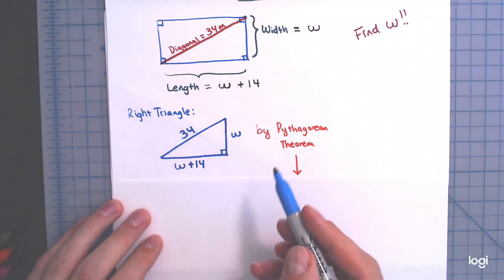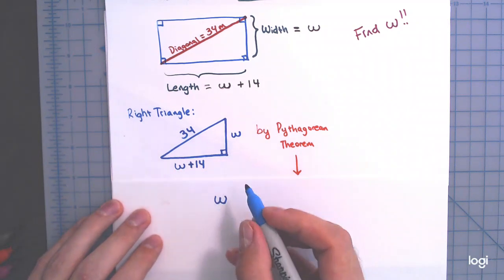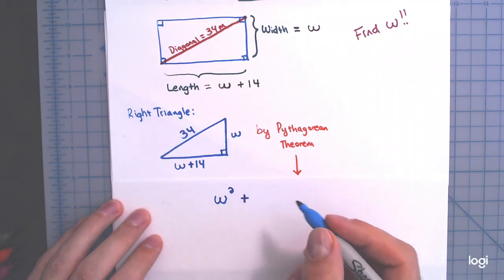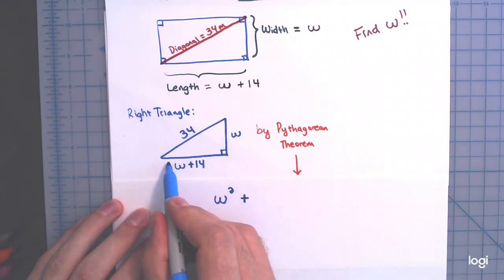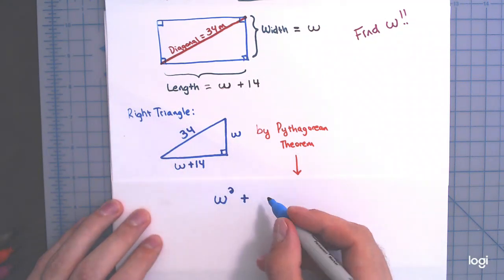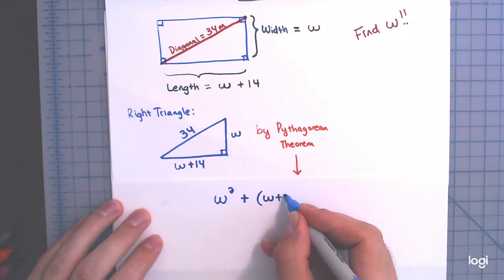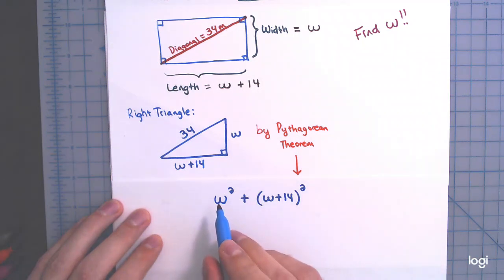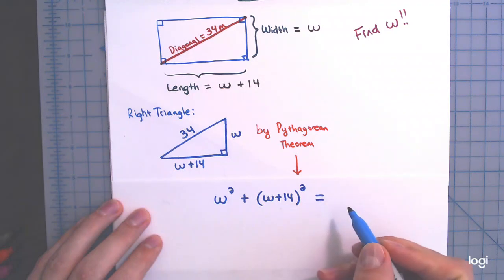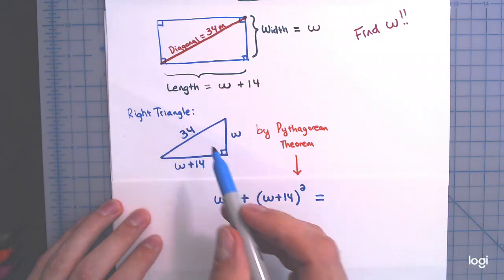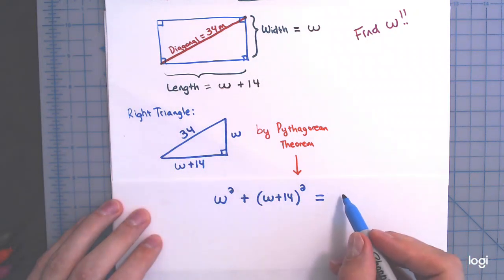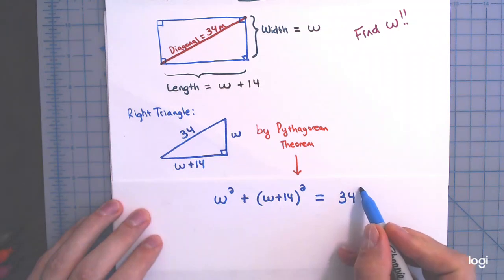So if you take one of the legs, W, and square it, then add to that the square of the other leg, this quantity W plus 14, take that length and square it as well. So the sum of the squares of the legs will be equal to the square of the hypotenuse, the side opposite the 90-degree angle. So that'll be equal to 34 squared.